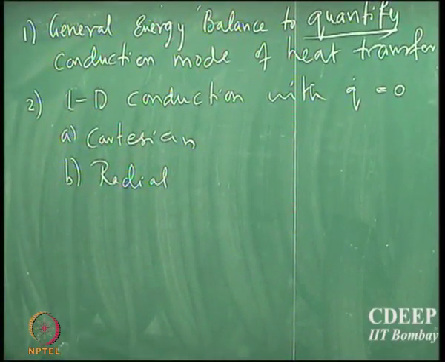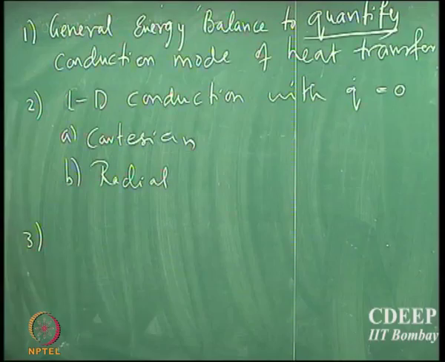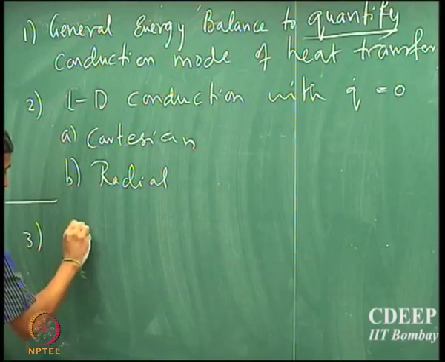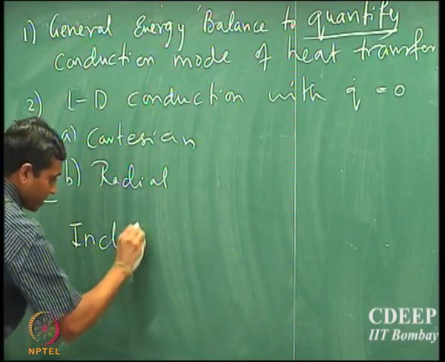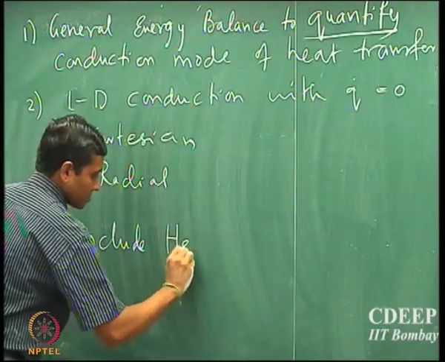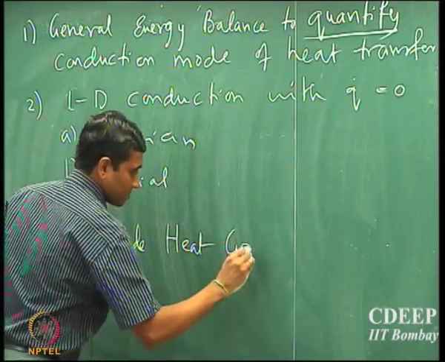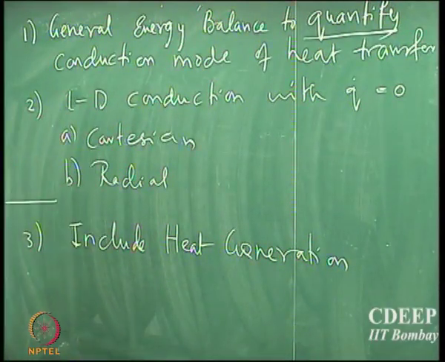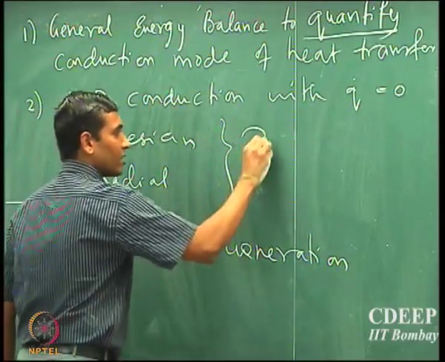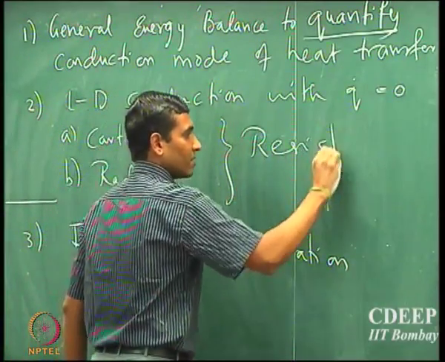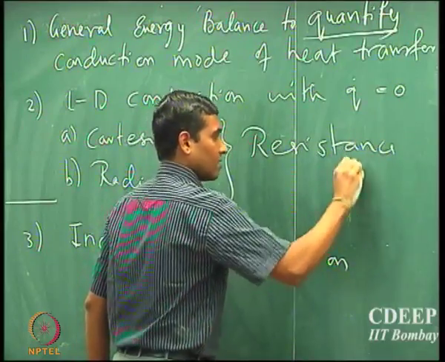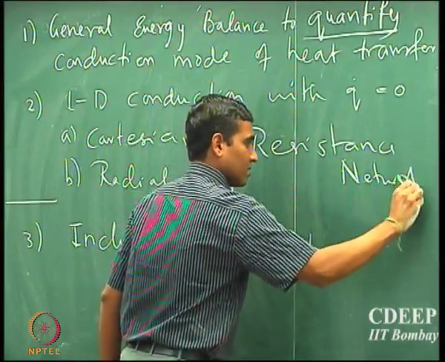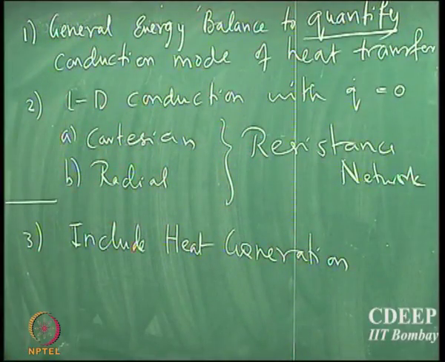The next topic is going to be the third topic in that list, which is what happens when we include heat generation. And I should also mention that we included resistance network concepts along with these.